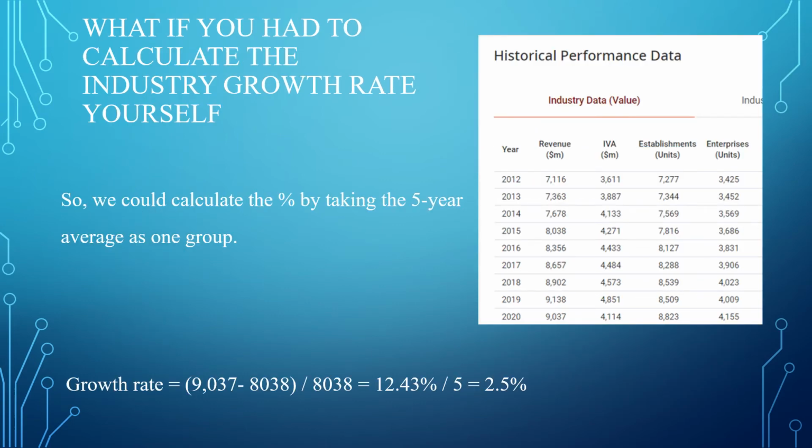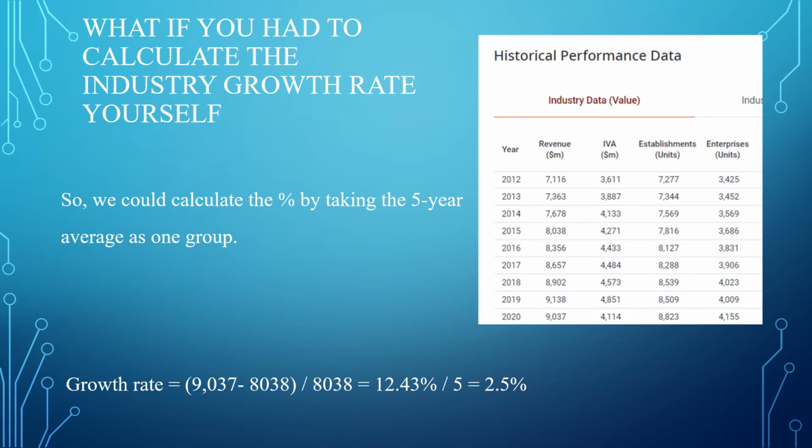So we could calculate the percentage of growth by taking a 5-year average as one large group. What this would look like is we would take the 2020 revenue, which is $9,037,000,000, and subtract $8,038,000,000, which is the 2015 amount.